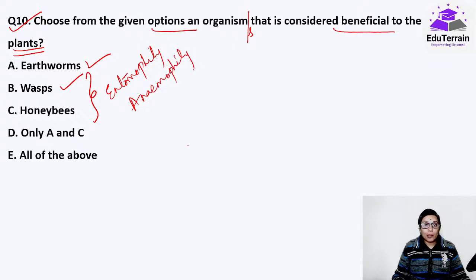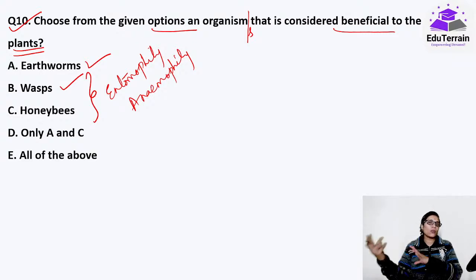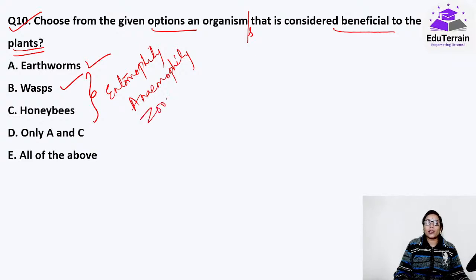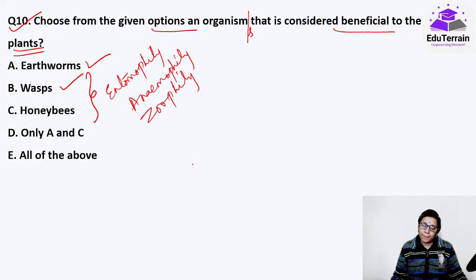If animals help in pollination, how can animals help? While moving, their fur etc. gets coated with pollen, and they move to another plant, and that pollen gets dusted onto the flowers. In this way also they help, that's called zoophily. And after zoophily, there is one more: water.